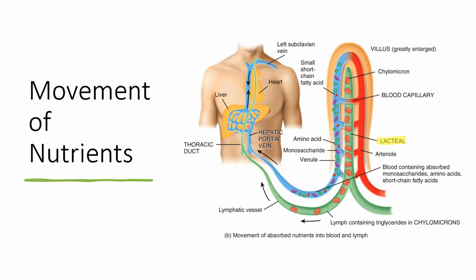Now, from lacteals, the chylomicrons are transported by way of these lymphatic vessels, and they're transported to the thoracic duct and enter the blood at the junction of the left internal jugular and subclavian veins. So they're going to enter back into the bloodstream right here.